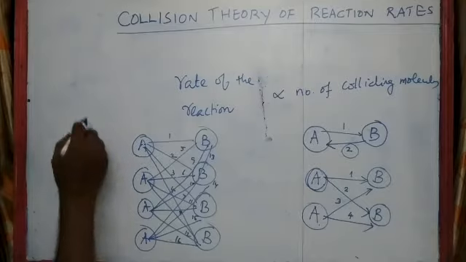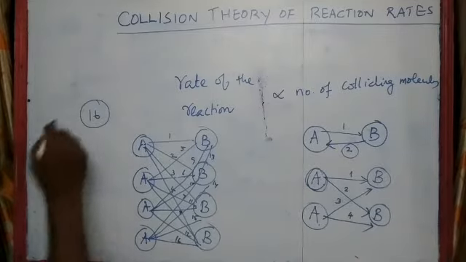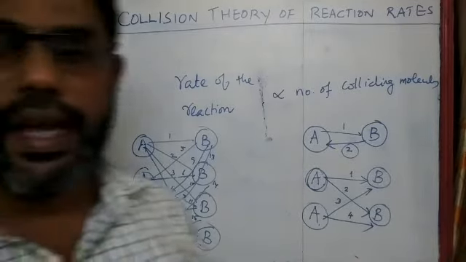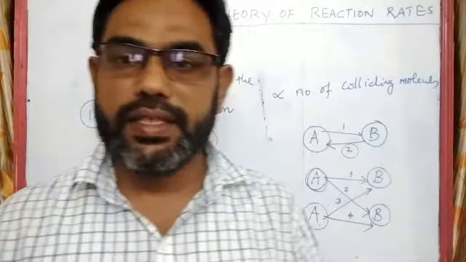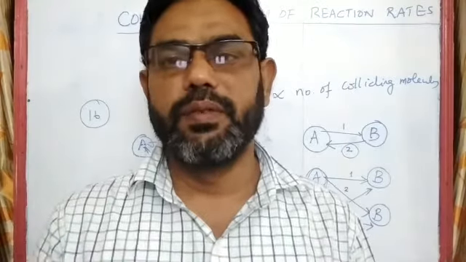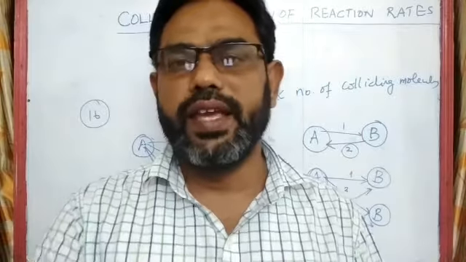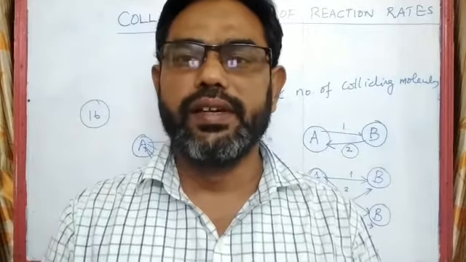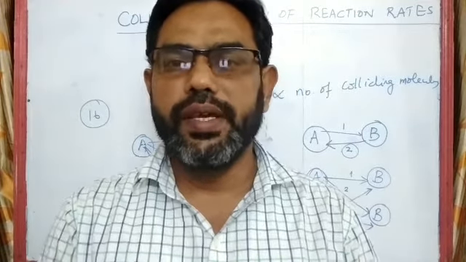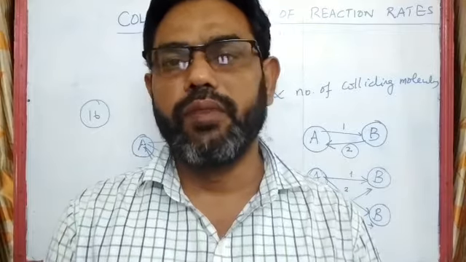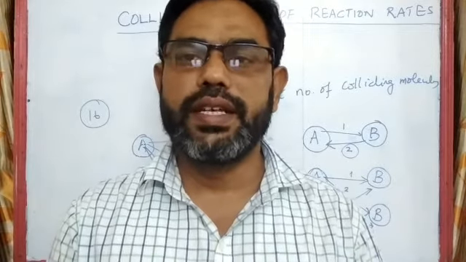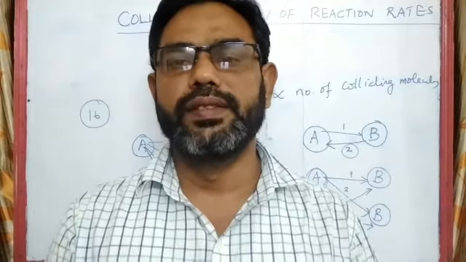So A can collide with B in 16 probable ways. Similarly, the 4 molecules of B can collide with 4 molecules of A in 16 probable ways.